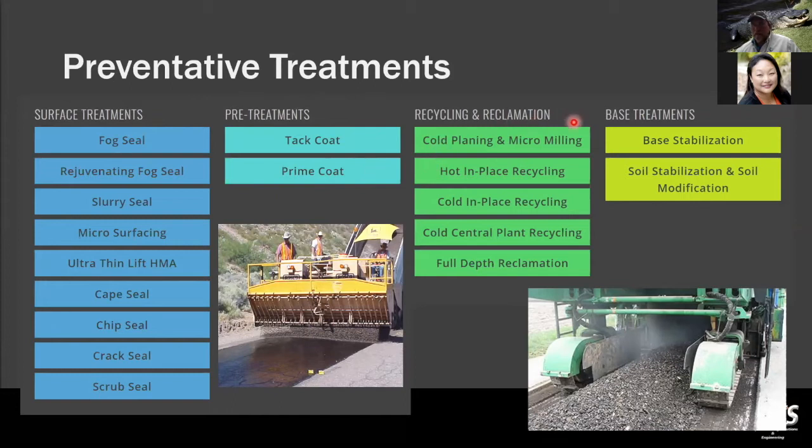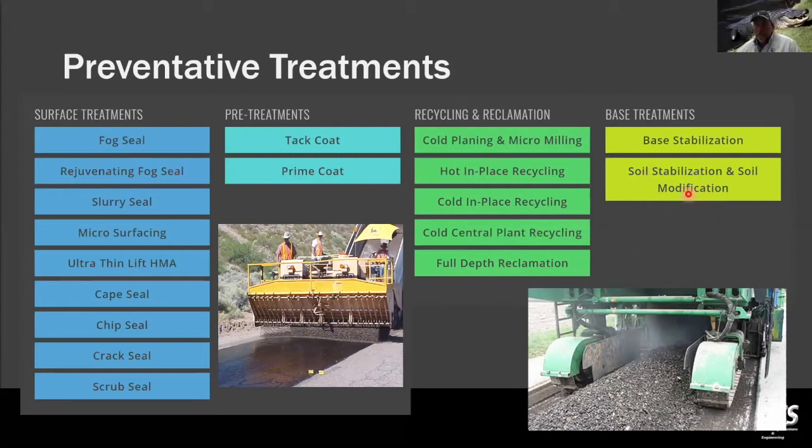Recycling and reclamation, all of these, you can do either on site, or you can do some of them in the plant. You're looking at different types of processes in which you can actually use the different types of methods in order to get a better product, but for maybe a little bit cheaper cost and get a little bit of life out of it until you get that bigger budget.